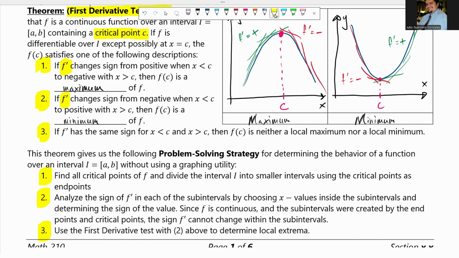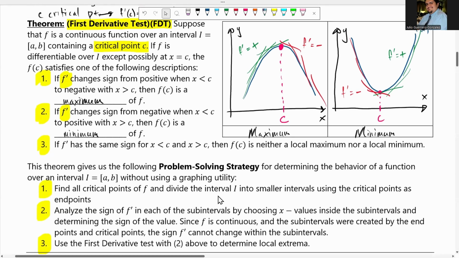We do need to evaluate, but we don't really care about the value itself. We care about the sign, whether the number is positive or negative. And then third, we use the results from the first derivative test to determine local extrema, whether we have a maximum or a minimum.